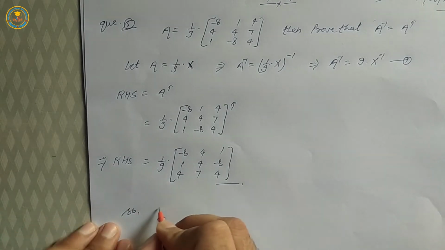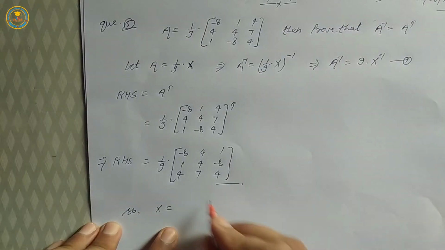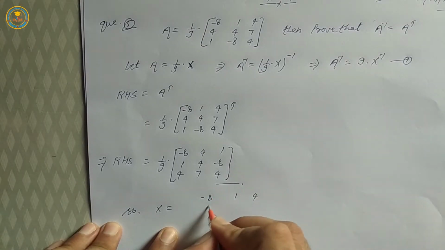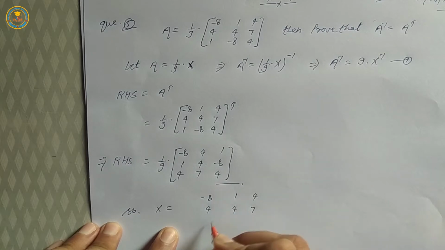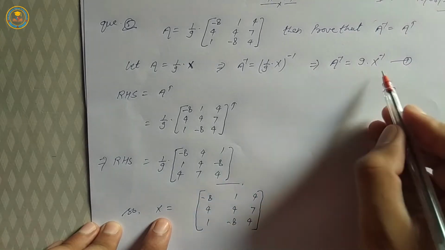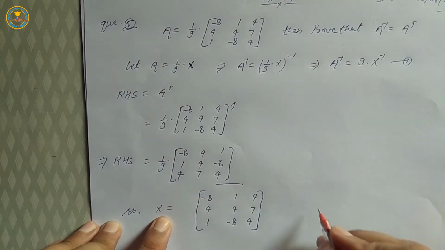So matrix X is equal to [-8, 1, 4; 4, 4, 7; 1, -8, 4]. Find the value of X inverse.